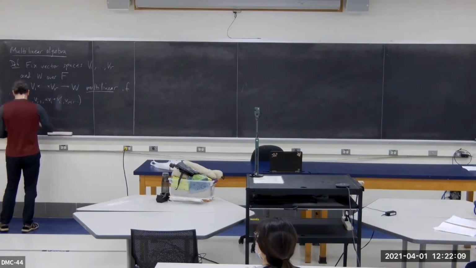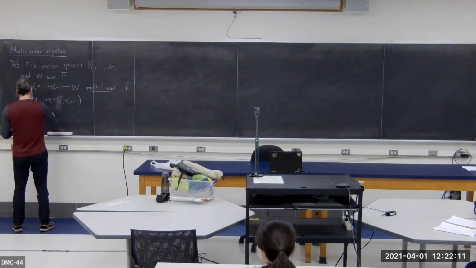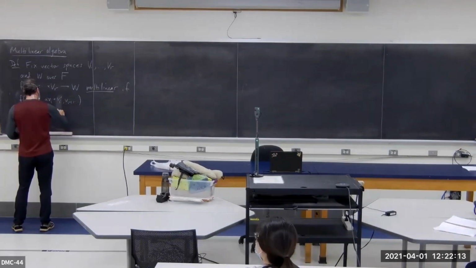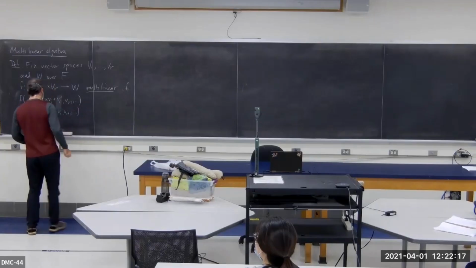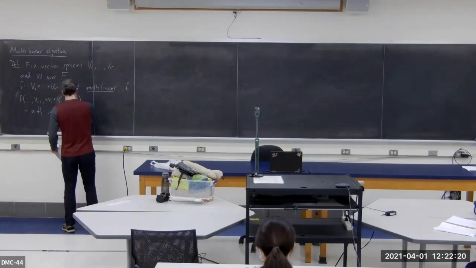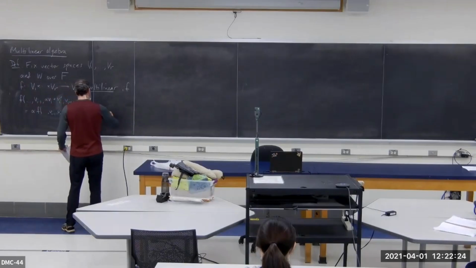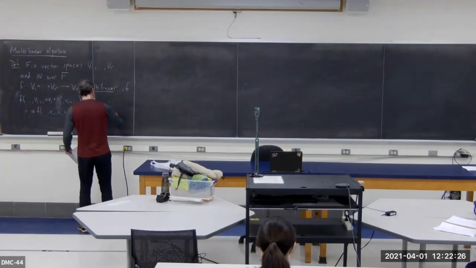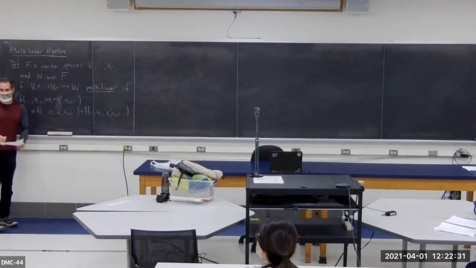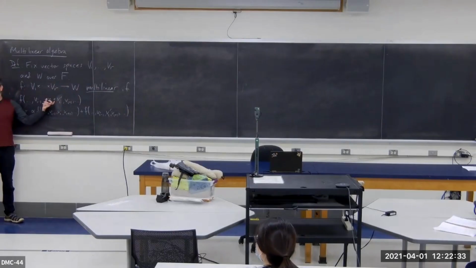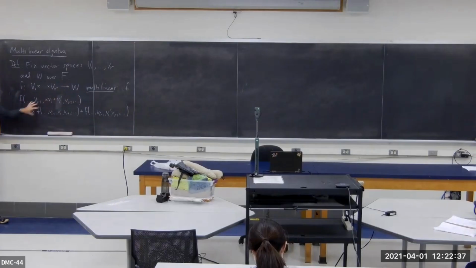Then this is supposed to be equal to alpha times f of (... vi minus 1, vi, vi plus 1 ...) plus f of (... vi minus 1, vi prime, vi plus 1 ...). All it's saying is that if one of the entries is a linear combination, then the coefficients pull out. So it's linear in that single argument.